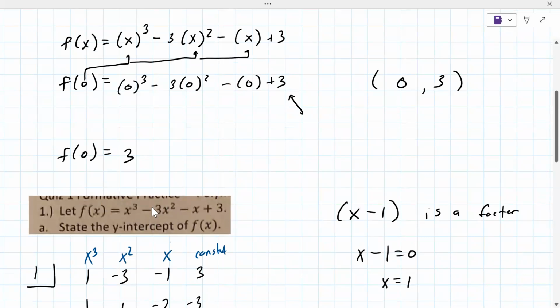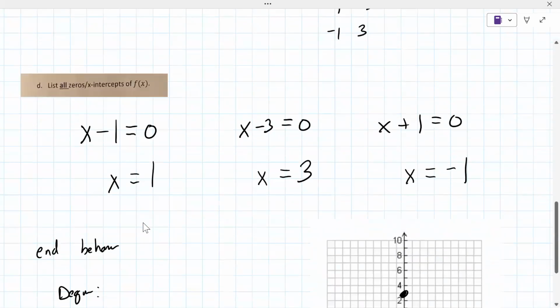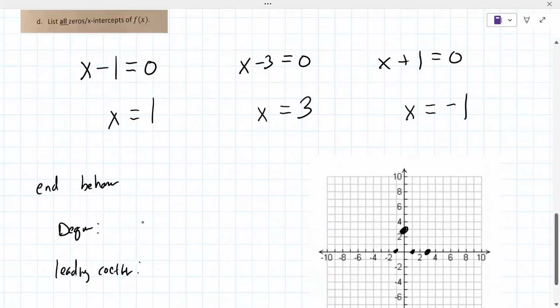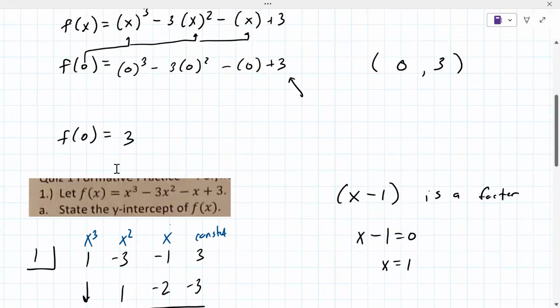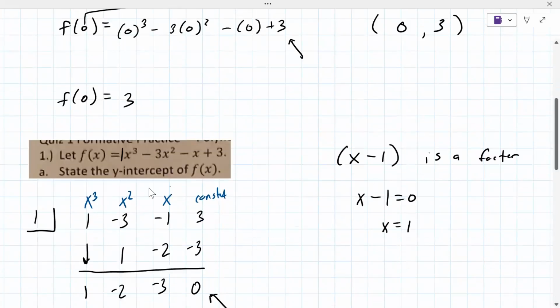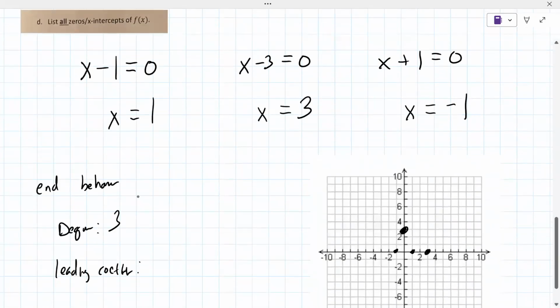It would be 3, because it's the highest exponent. Good. And then the leading coefficient is the number in front of that term. Is it positive or negative? It's 1, and it's positive. If you care about odd, you care about the fact that it's positive.